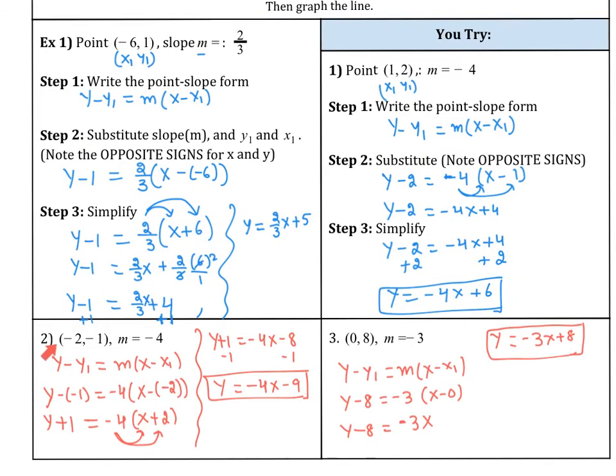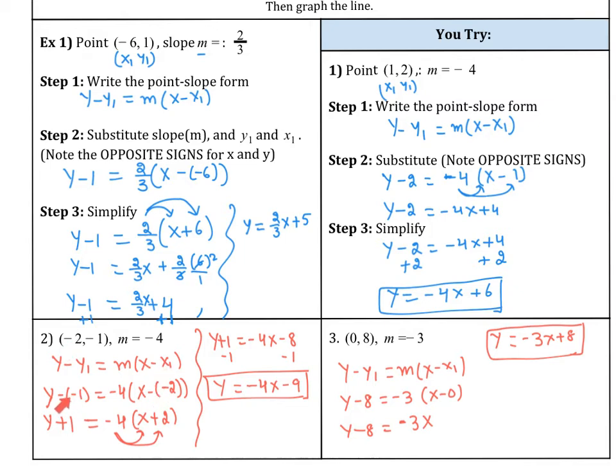Now for number 2, x1, y1 is negative 2, negative 1, and m is negative 4. Point-slope formula is y minus y1 equals m times x minus x1. y1 is negative 1, you plug it in for y1, and x1 is negative 2, you plug it in for x1.